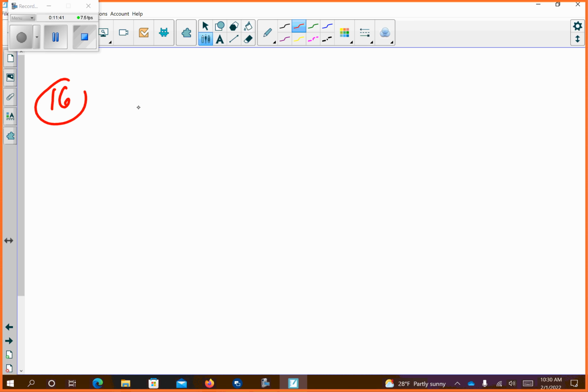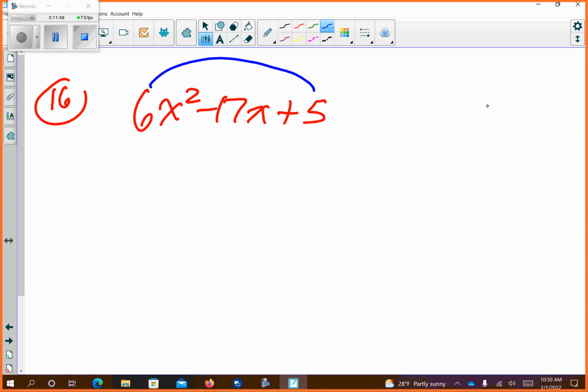Number 16. Give that one a try. See if you can figure it out. I'll go real slow through this.